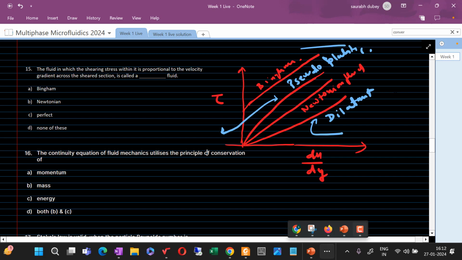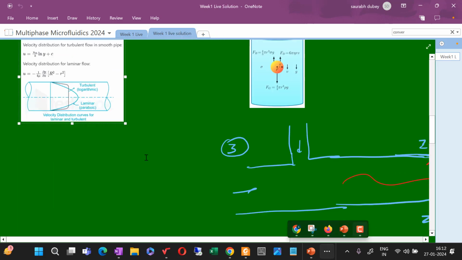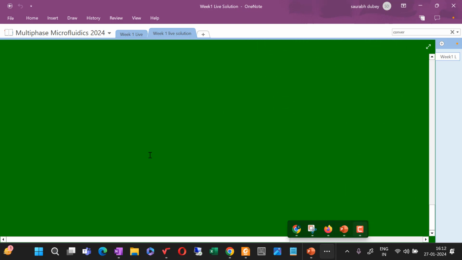The question was: non-Newtonian fluids in which the apparent viscosity decreases with increasing stress. So there are two fluids, rheopectic and thixotropic.